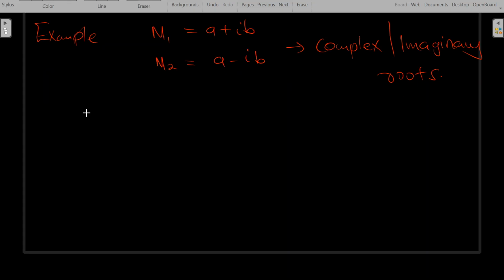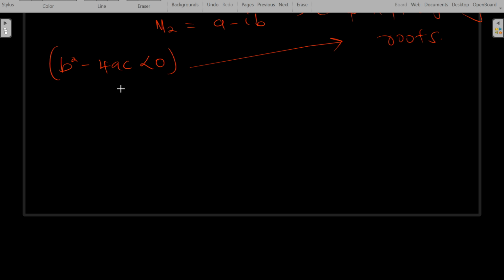And how do we know that it is either complex or imaginary? We can easily compute b squared minus 4ac, which should give me less than 0. So if I compute this, it will take you directly to either complex or imaginary roots. Now, once we have these, how would we solve for that? The first step is the general solution. Sorry, I want to explain something also.